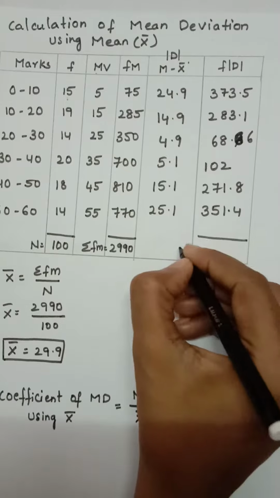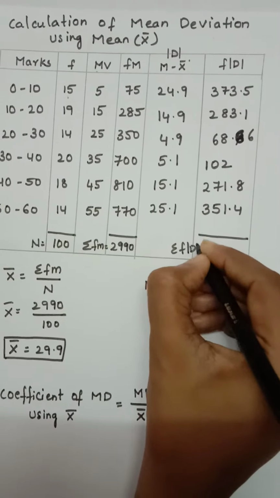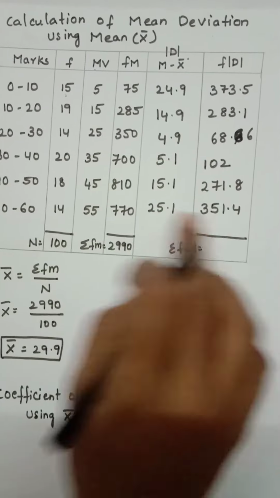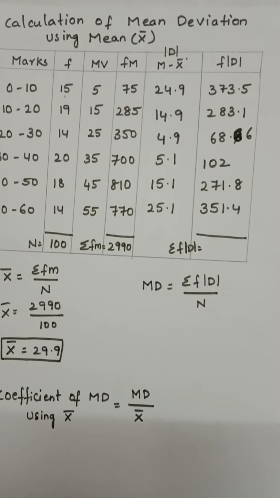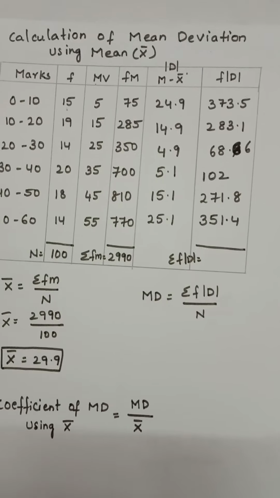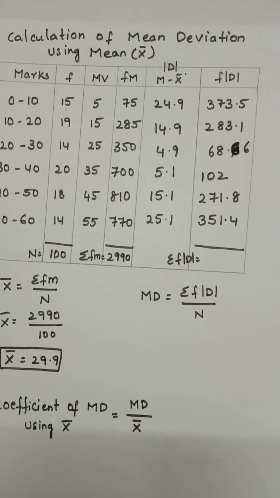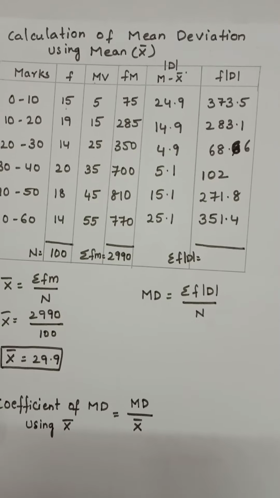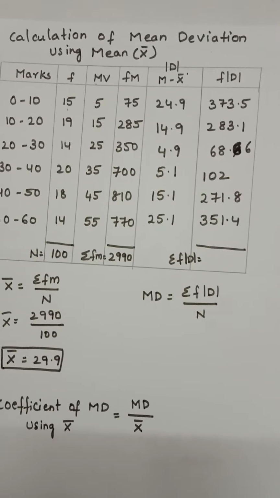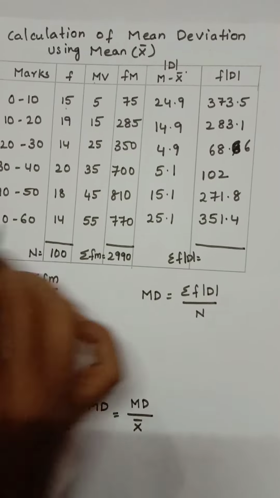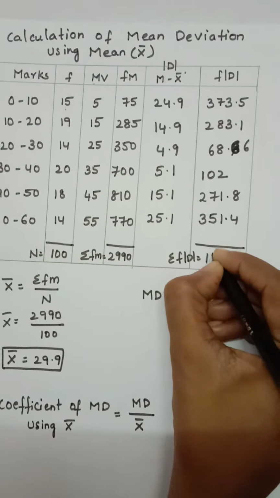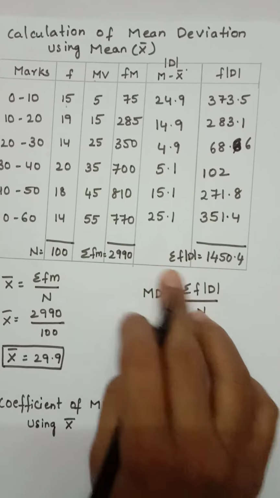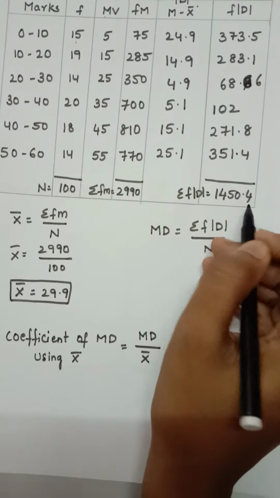After getting these values, we need to add this column: 351.4 plus 271.8 plus 102 plus 68.6 plus 283.1 plus 373.5. We will be getting 1450.4. This value is summation f mod d.